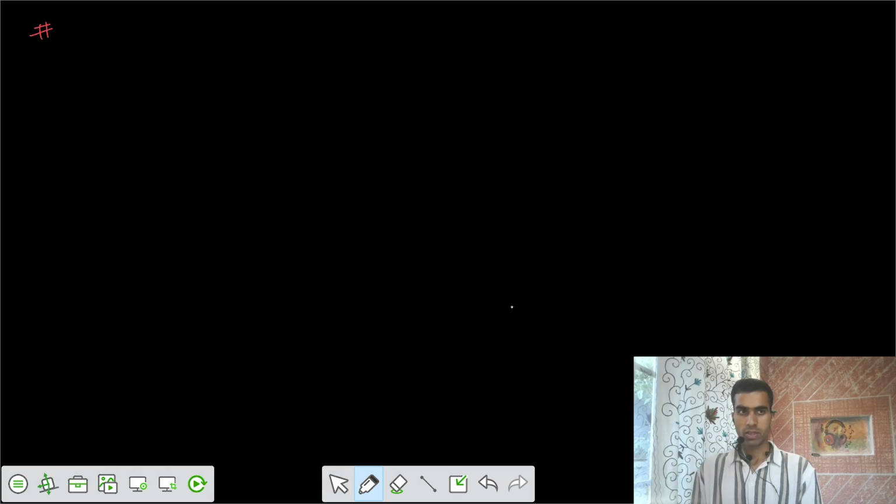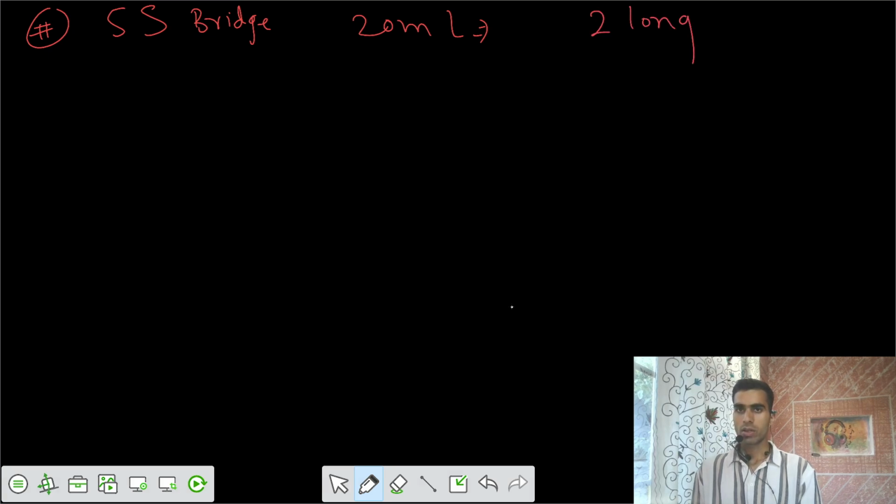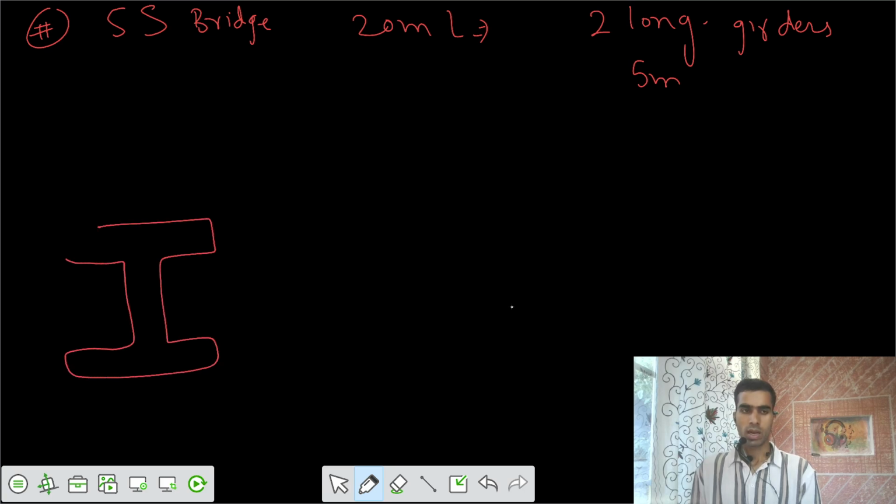We have a simply supported bridge, with a 20 meter span. And we have placed two longitudinal girders, and the spacing between those girders is 5 meter. That means we have two girders. We usually design the beams in the form of I sections.